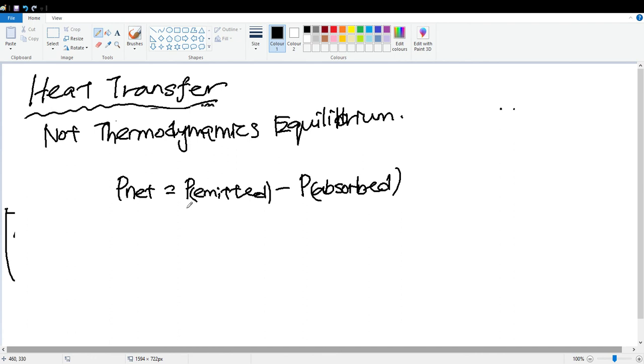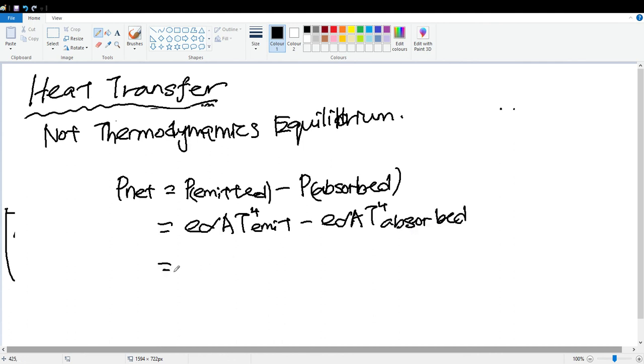So based on the Stefan-Boltzmann equation, what we get is net power equals eσAT^4 for emitted, minus eσAT^4 for absorbed. Since e, σ, and A are the same, what I can do is factorize them out, leaving T^4 emitted minus T^4 absorbed.